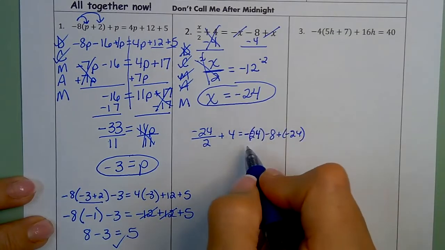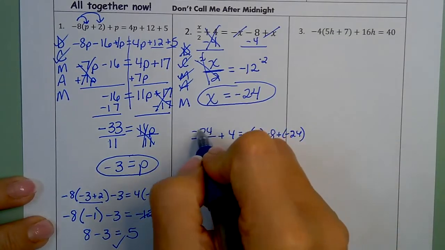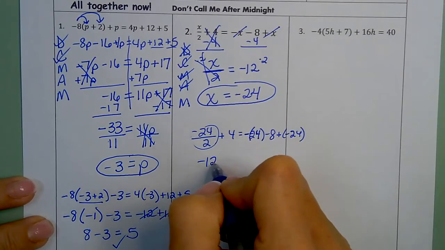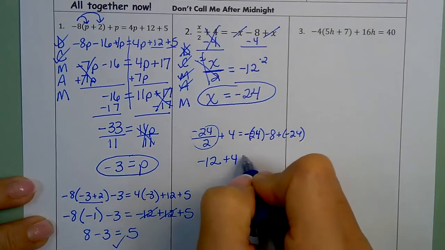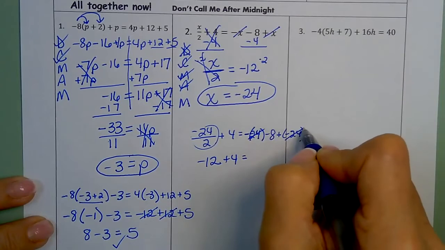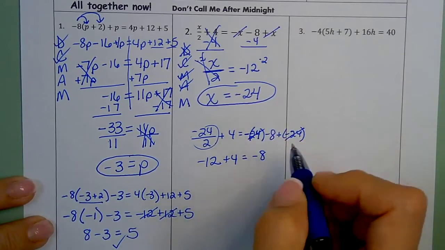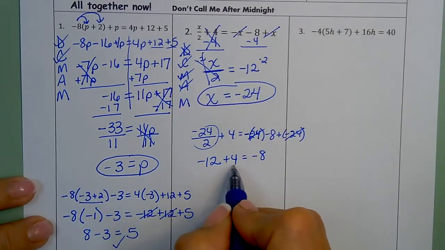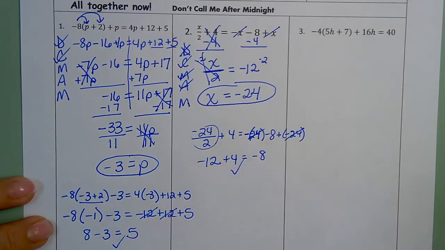All right, so this ends up being a -12. These cancel out, and I have -8. And -12 plus 4 is -8.